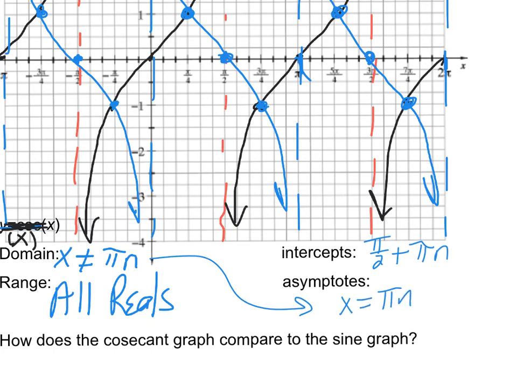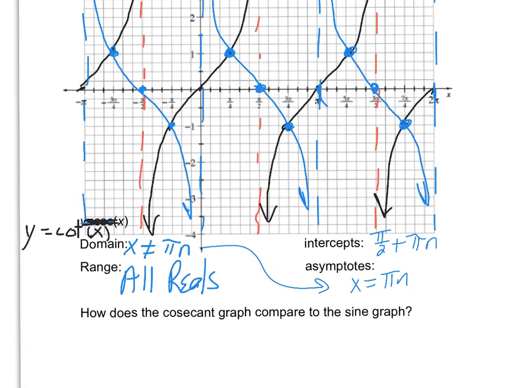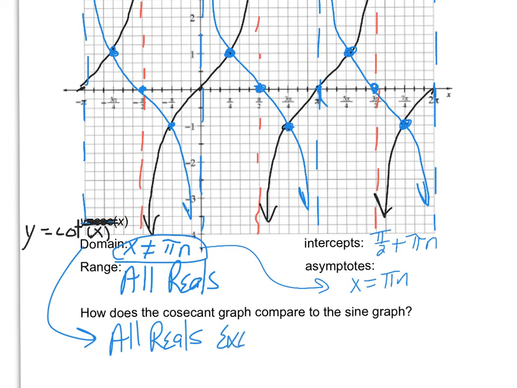Now, I want you to be very careful of your asymptotes in your domain. This is a domain restriction. We're really saying that the domain is all reals except pi n. Except, same as not equals.